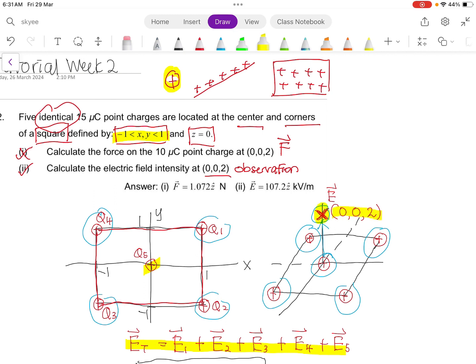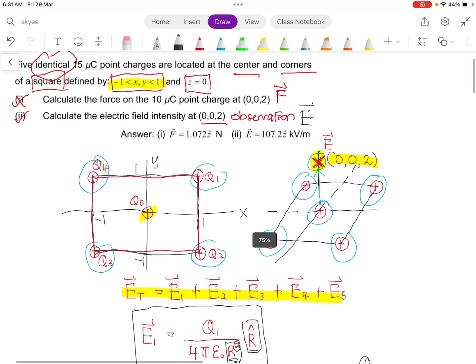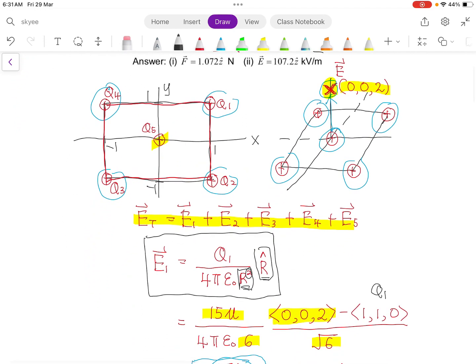Now you want to find the electric field intensity, that is E. In this case, we have more than one charge, meaning we have to do the summation of electric fields by using the superposition principle.